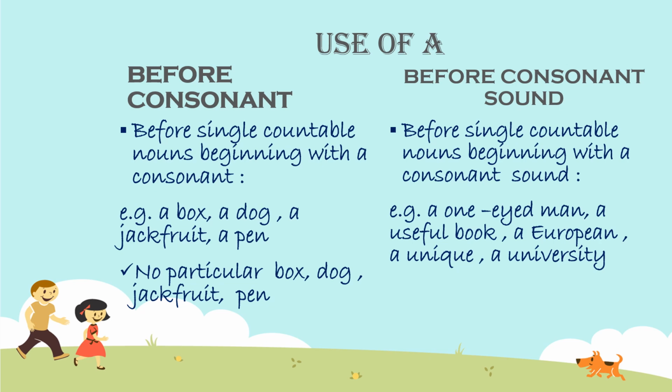Why? Because it is pronounced as one. Similarly, in case of useful, here U is a vowel, but still we are using a before it. Why? Because it is pronounced as U. European, in this case also. Unique, here also the same thing. University, here also the same thing. You just remember these words. Don't go for the rules in the grammar book. They will just puzzle you.